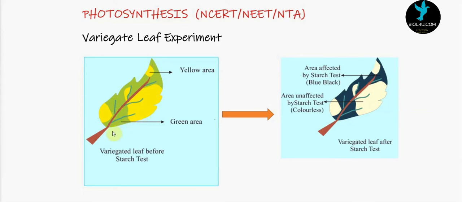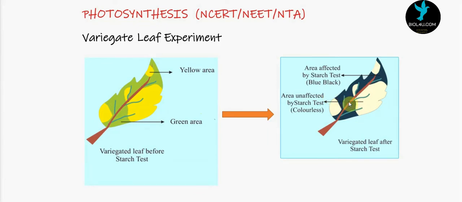You collect a variegated leaf from a plant which was exposed to sunlight for a long time. Then pluck out one variegated leaf from that plant, and this leaf is put in the iodine solution. After putting it in the iodine solution, you can see the result.